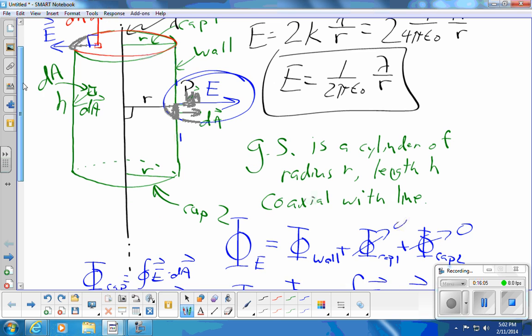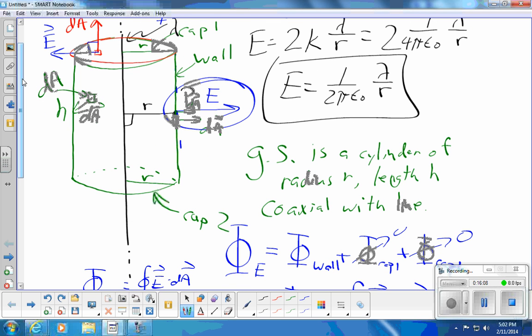How much charge do I have enclosed inside this Gaussian surface? Well, I have the amount of charge on this much of the wire, and that much of the wire is h. This thing has a linear charge density of lambda, that's how many coulombs per meter, times h meters. The charge enclosed is lambda times h.